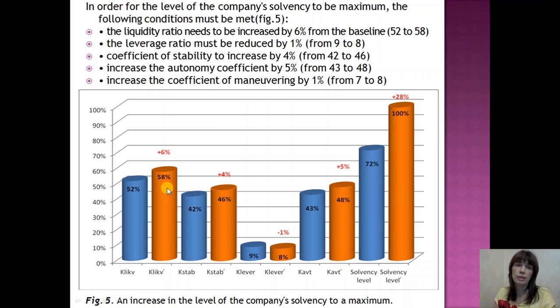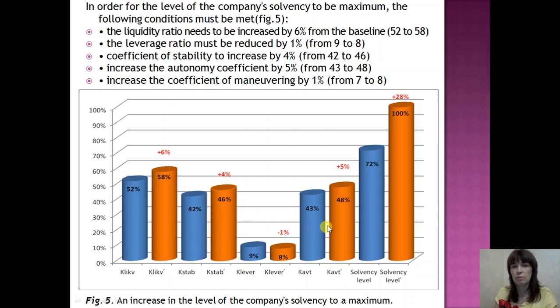The leverage ratio must be reduced by 1%, from 9 to 8. Coefficient of stability to increase by 4%, from 42 to 46.